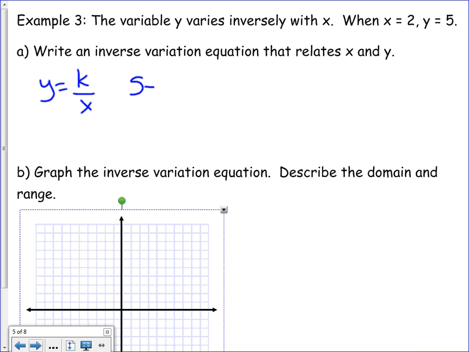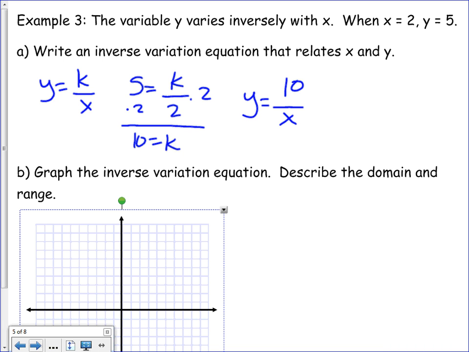We know 5 is y, we don't know k, and we know x is 2. To get k by itself, we multiply each side by 2. So k equals 10, and now we'll rewrite that: y equals 10 divided by x. That's our inverse variation equation.